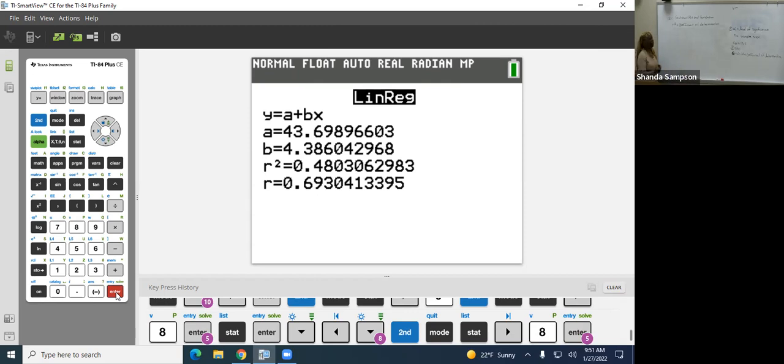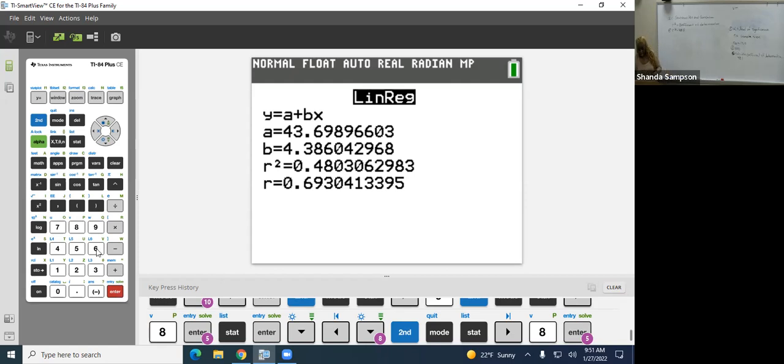So that's 48%. Everybody see that? Sorry, R squared is 48%. R squared in this example is 48%. I want to move this E up because it's getting low on the board.